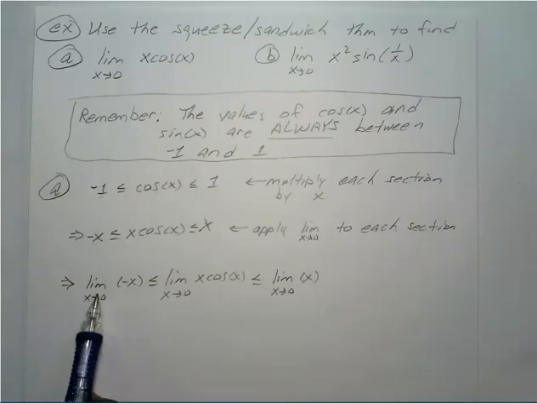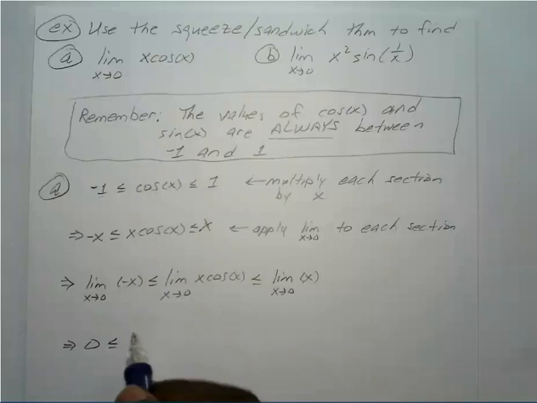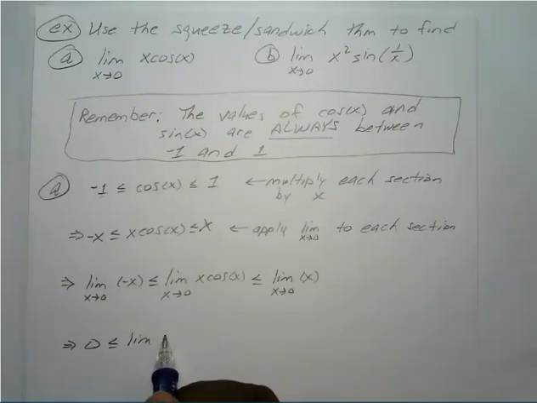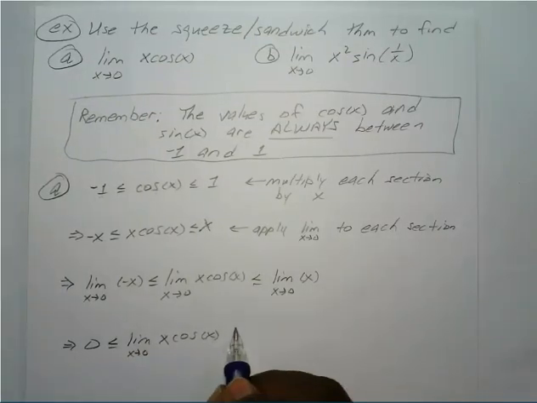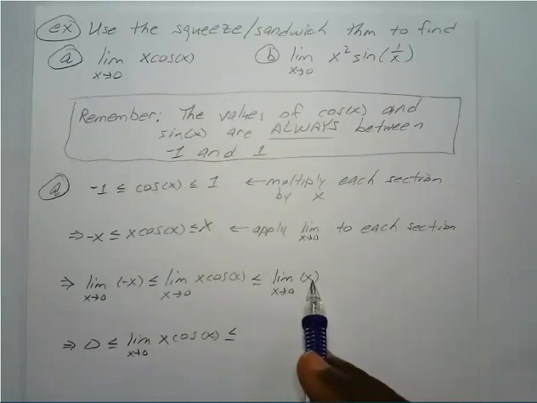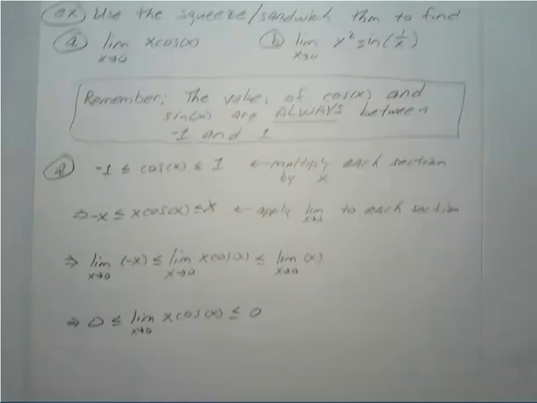Now here, you can just use direct substitution, because the limit of negative x as x approaches 0 is just 0. So you have 0 less than or equal to the limit of x cosine x as x approaches 0, and on the outside, less than or equal to the limit of x as x approaches 0, which by direct substitution is just 0.